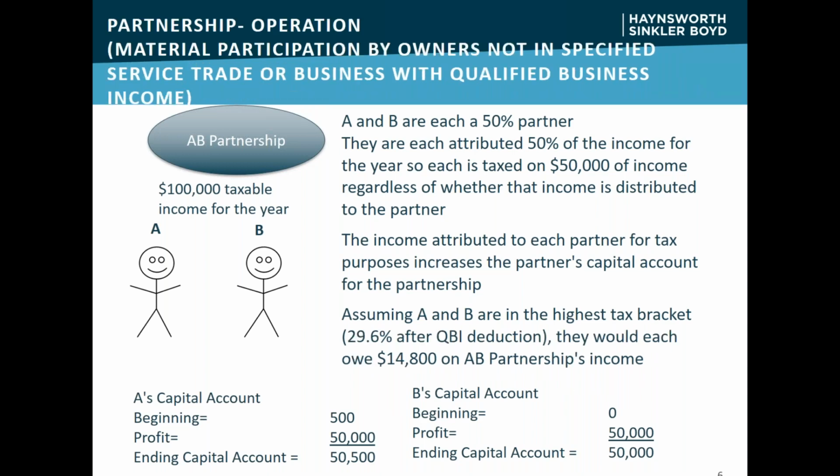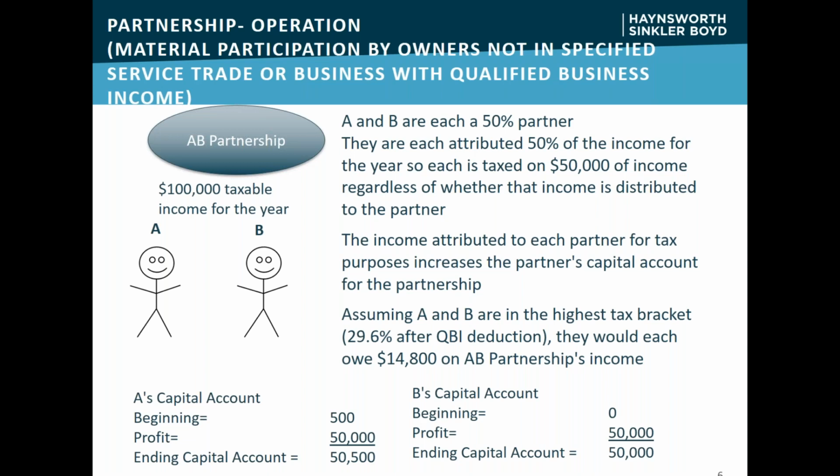So in this calculation, we're switching it up a little bit. The partners are still materially participating in the business, but we are not in one of those specified service trades or businesses. So here, the partners actually get the benefit of a QBI deduction, which is a qualified business income deduction, which is available for taxpayers who are not corporate taxpayers.